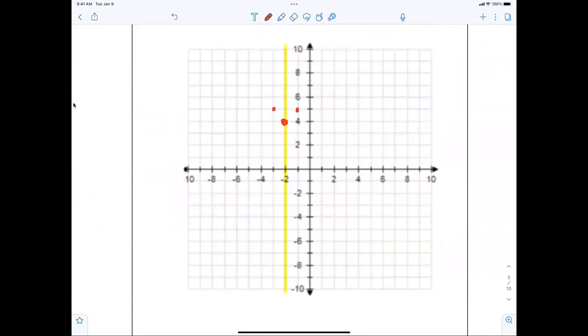But now instead of going over 1 and up 1, you're going over 1 and what? Down 3. That's why they call it a stretch. Then you would go over to the right 2. Normally you would go down what? 4, but this time you're going down what? 12. Very good. And then that's your graph.